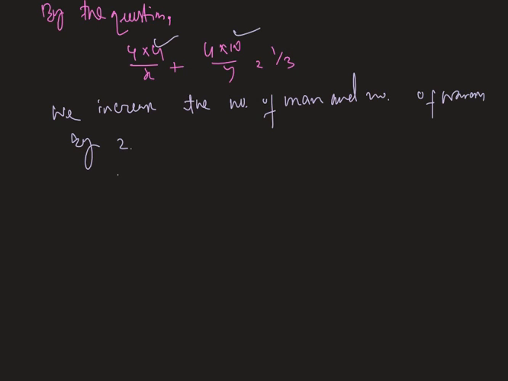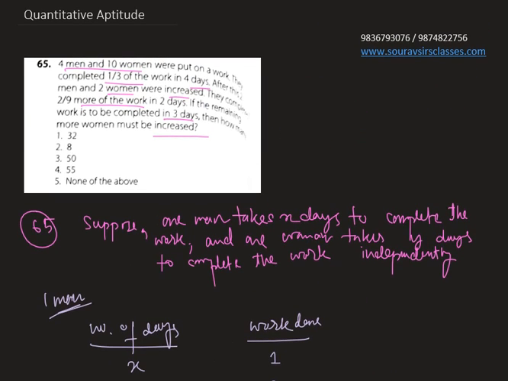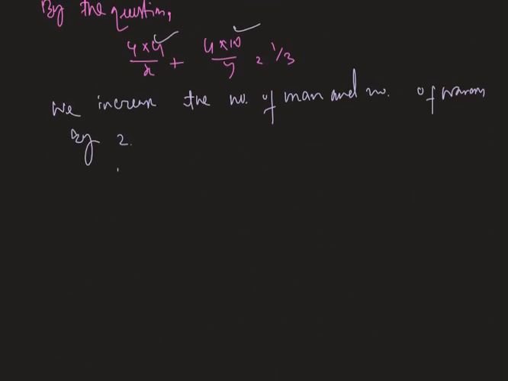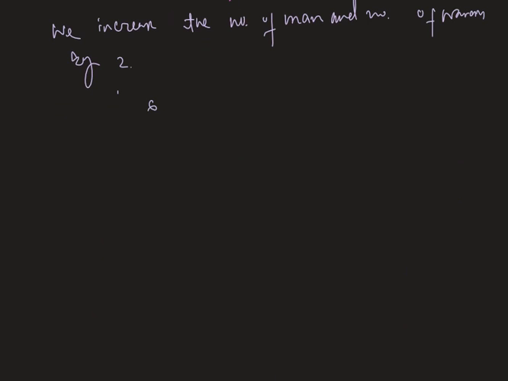Therefore, we can write that, and we are also given that after increasing the number of workers, they completed 2/9 more of the work in 2 days. Hence, we can write that we add how much work 6 men complete in 2 days and how much work 12 women complete in 2 days, and after adding the individual work done, we get 2/9 of work.